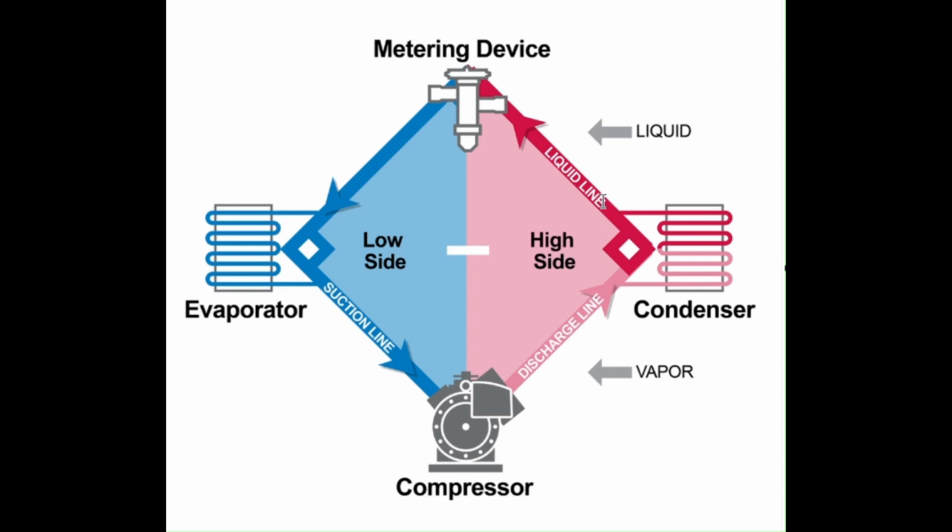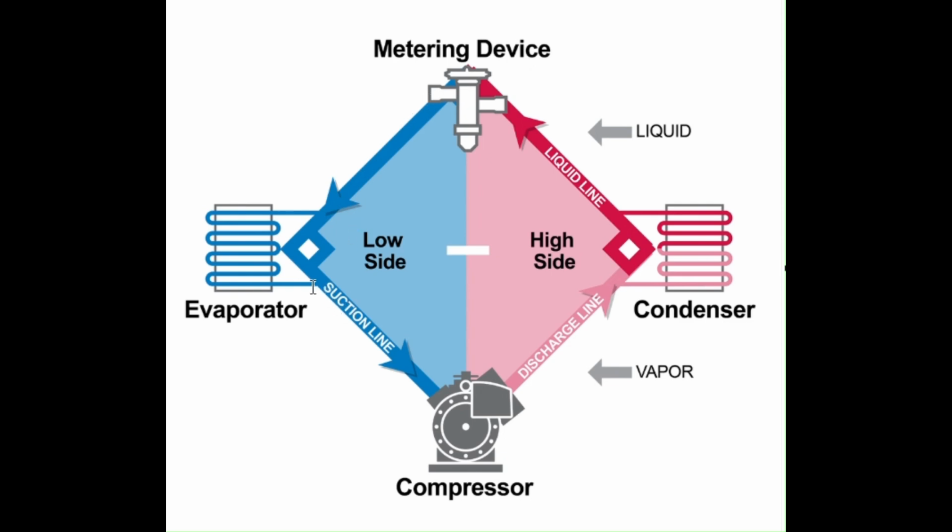From there, this liquid passes up to the metering device. So this metering device typically is a thermal expansion valve or a TX valve, oftentimes called, and its job is to feed the correct amount of liquid refrigerant into the evaporator in order to get optimum cooling. So how does this know how much to feed into the evaporator?